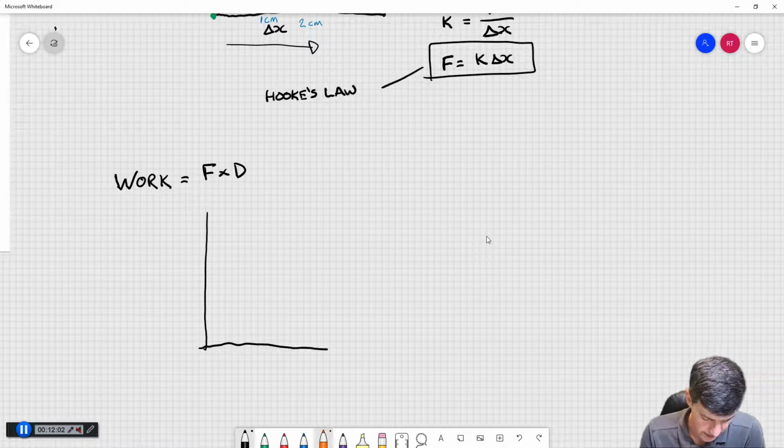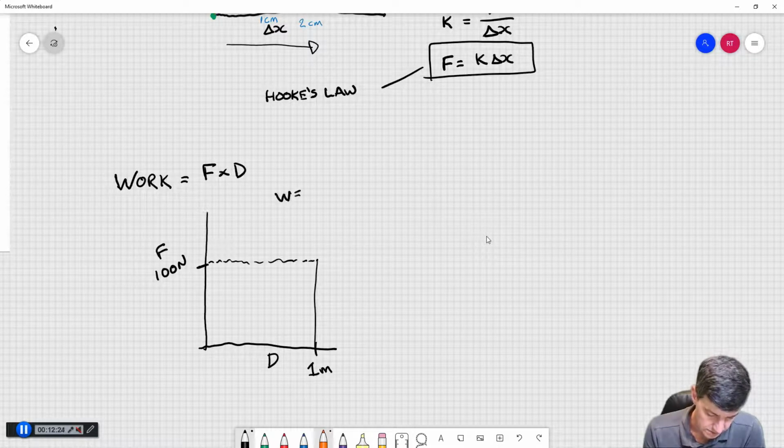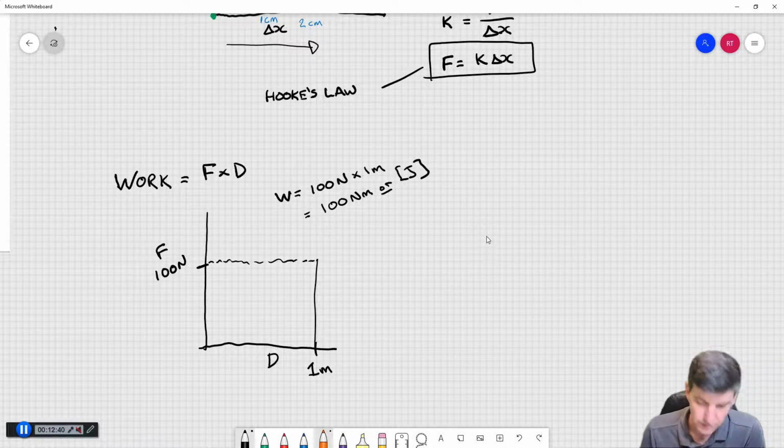So if I had a force and I had my distance, and maybe I applied, I don't know, 100 newtons of force, and that was applied over a distance of 1 meter. Well, in this case, my work is equal to the force times the distance. So 100 newtons consistently applied over the span of a meter gives me 100 newton meters, and that is also known as a joule of energy.